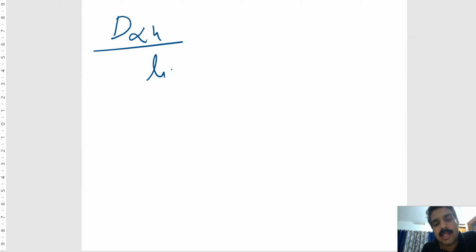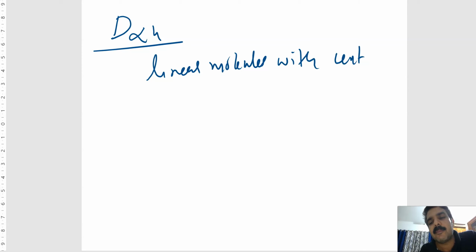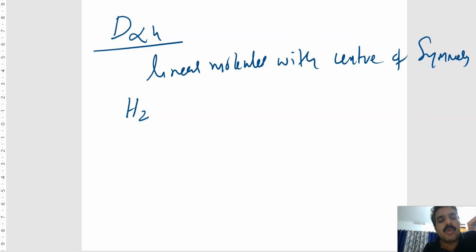These are linear. This point group belongs to linear molecules with centrosymmetry. For example, H2, a homonuclear diatomic molecule.